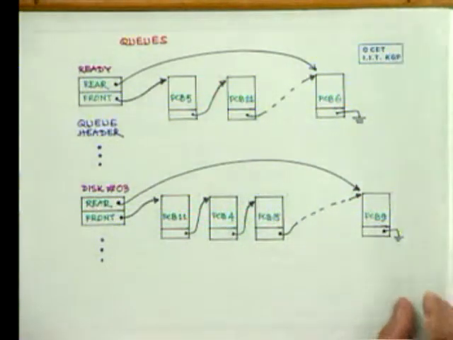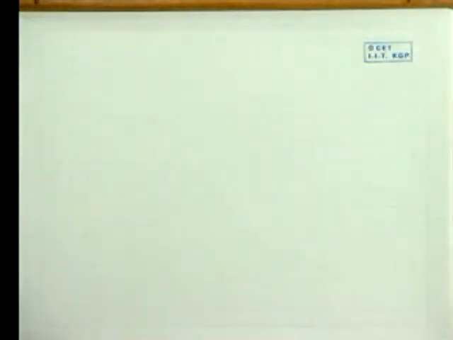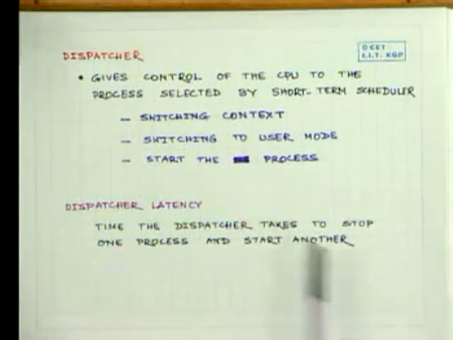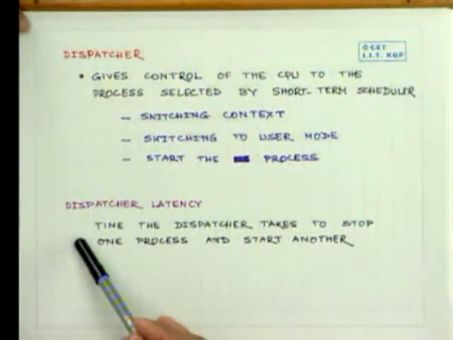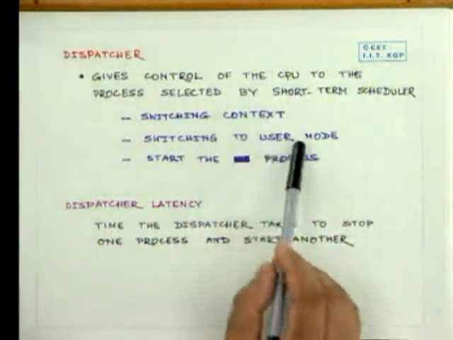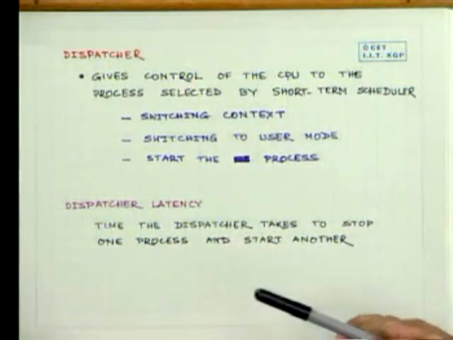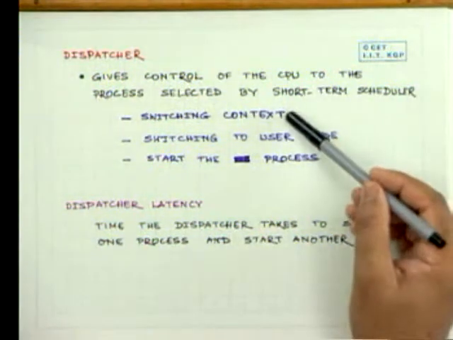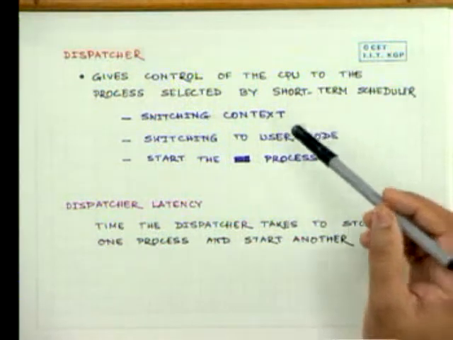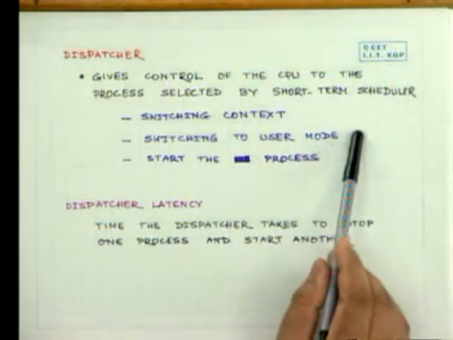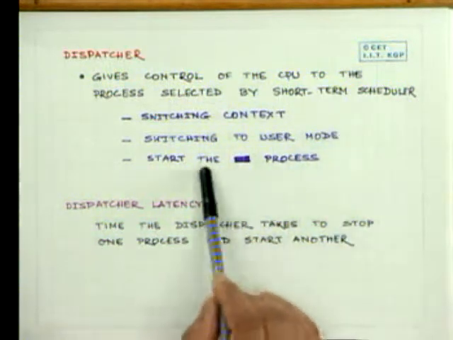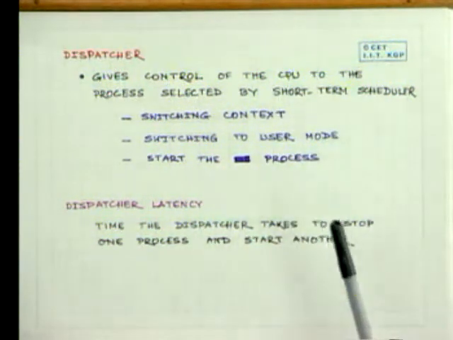Now, after the process is selected, it is the dispatcher which gives control of the CPU to the process selected by the short-term scheduler, and that involves switching of context, switching to user mode if it is an application program by the user, and then starting that user process.